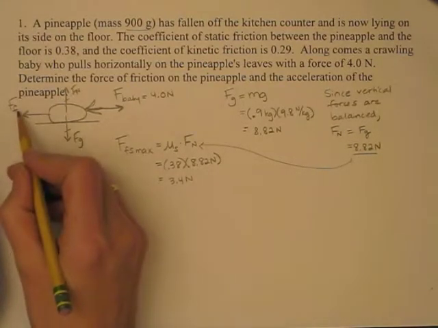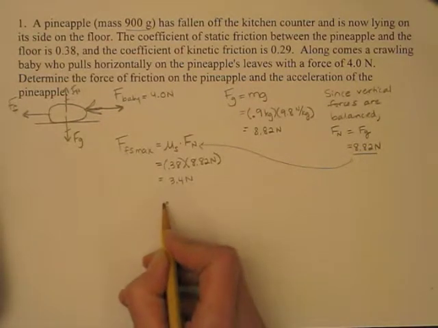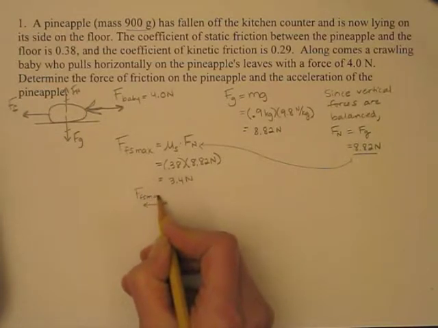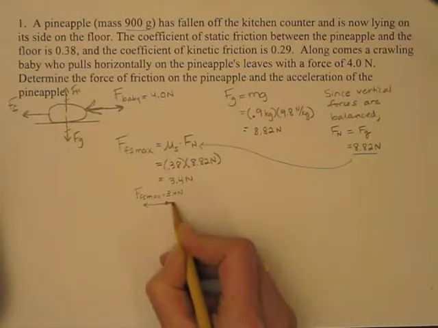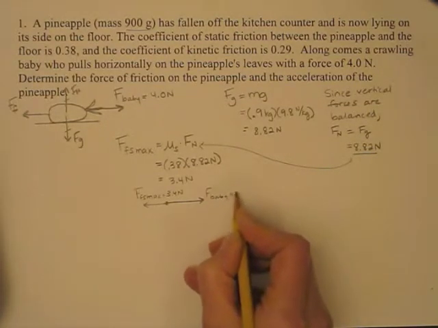So this force of static friction has a maximum value of 3.4 newtons. But the baby is pulling with 4 newtons.